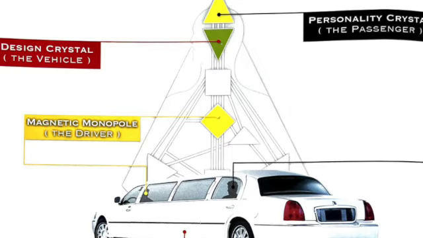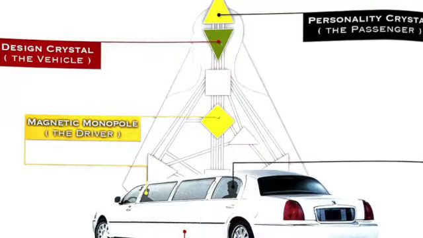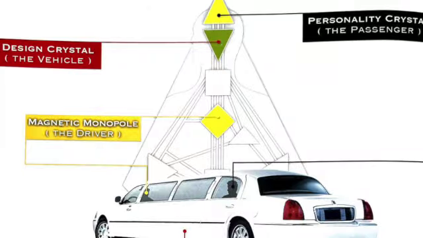And so the theme for today, the vehicle, the passenger, and the driver, well, it takes me back to the very beginning of my process in human design. And when I first began working with the knowledge, this is the way that I looked at things.